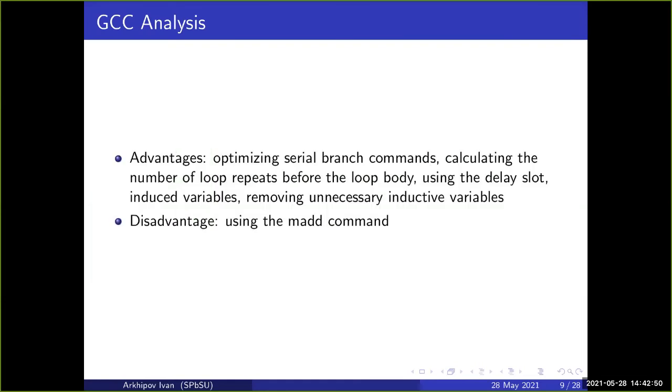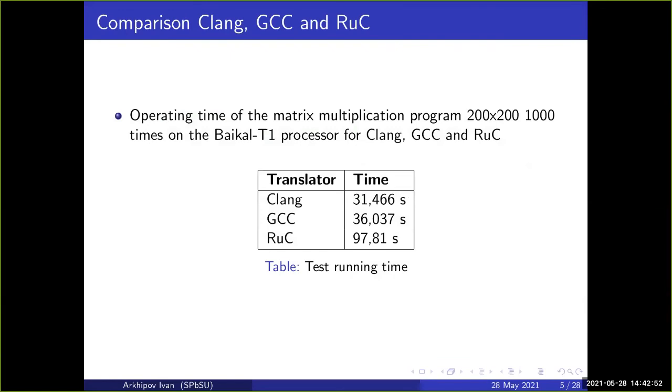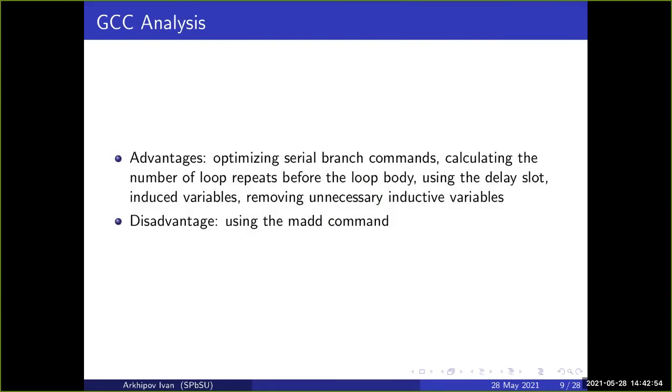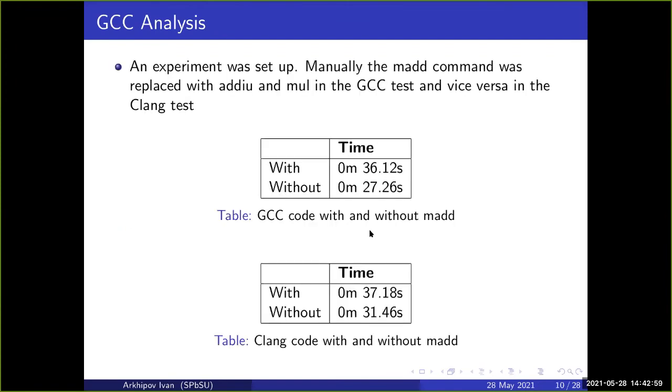But why is it slower? It's because of the madd command. There was an experiment: what should happen if we take the madd command and put instead of it commands of multiplication and addition, and it works faster.